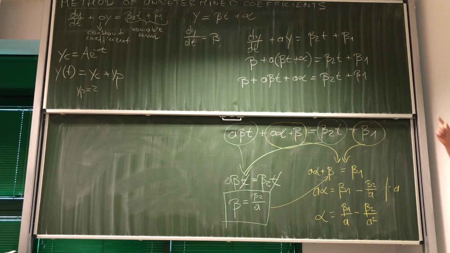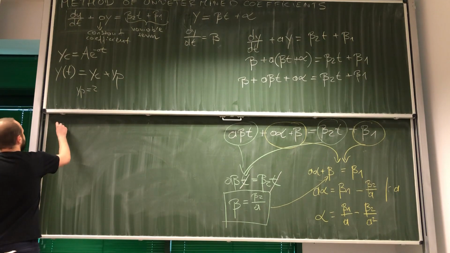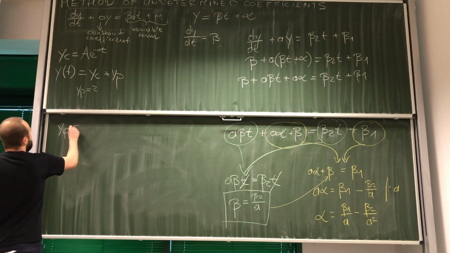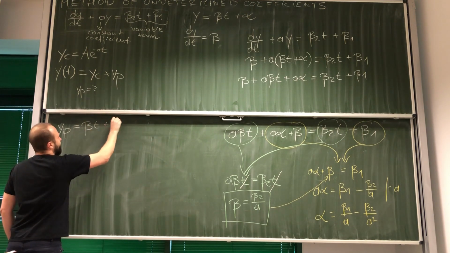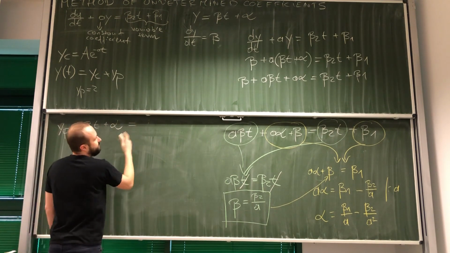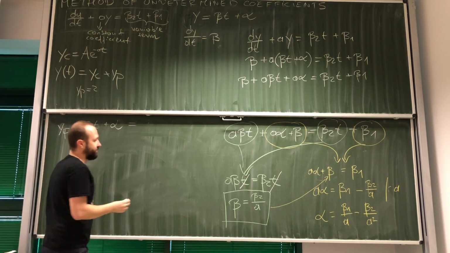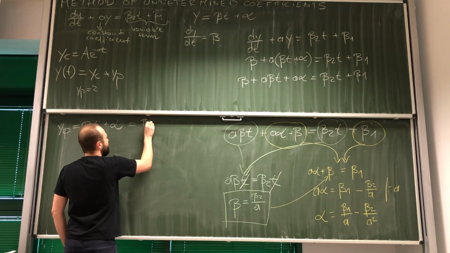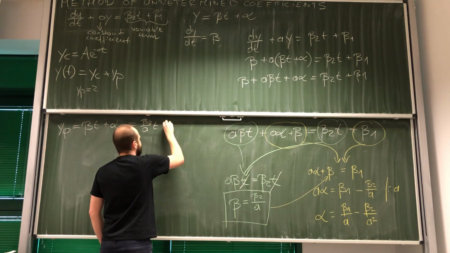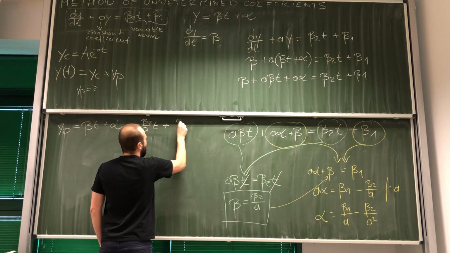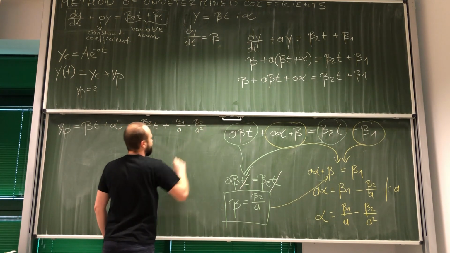Okay, so now that we know that yp is equal to beta t plus alpha, or in terms of our previous equation, it is beta 2 at plus beta 1 over a minus beta 2 over a squared.